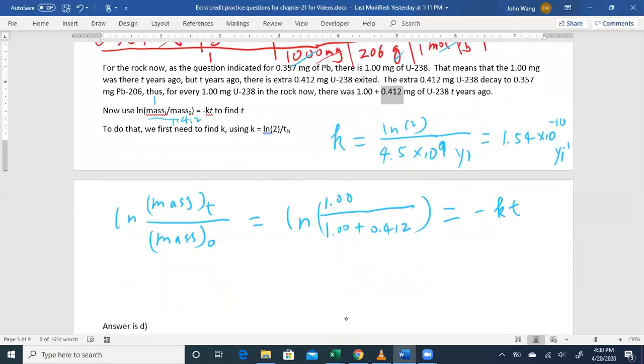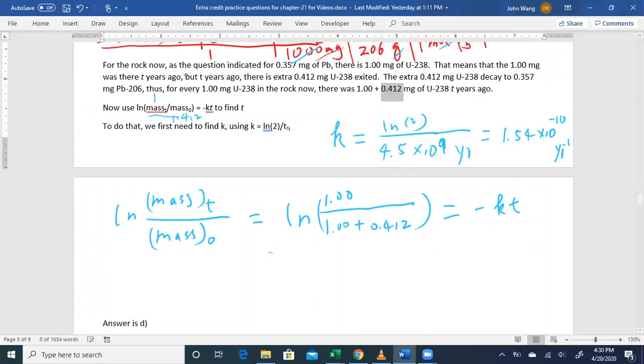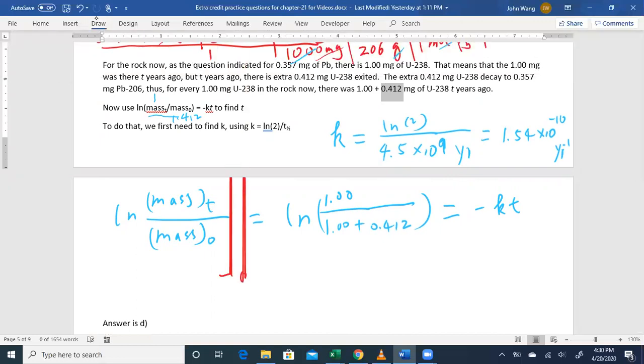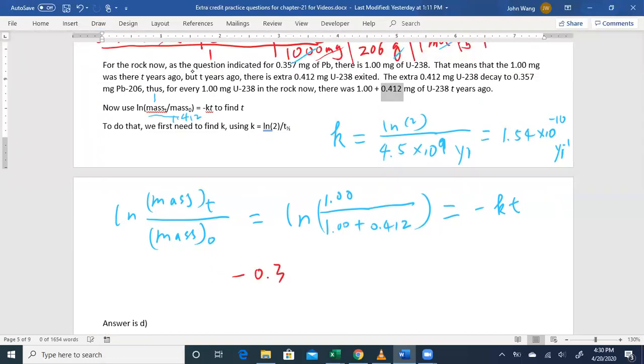So this number will become negative 0.3450. Let me change my pen. Okay, so we get negative 0.3450 equals negative 1.54 times 10 to the negative 10. The negative comes from the formula, okay?